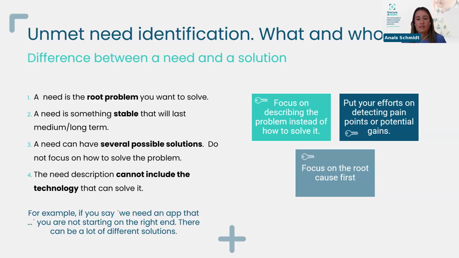When you describe your need, it's important that you don't include the technology that can solve it. You have to go step by step: first describe the need, and then we will find the wide range of solutions available to cover it.